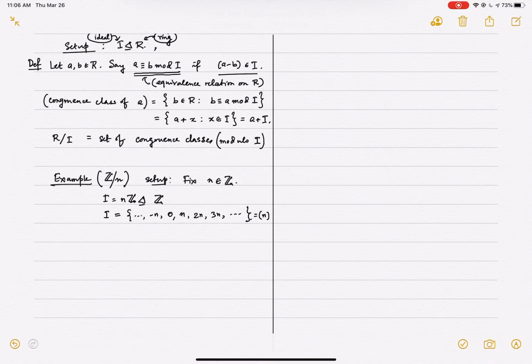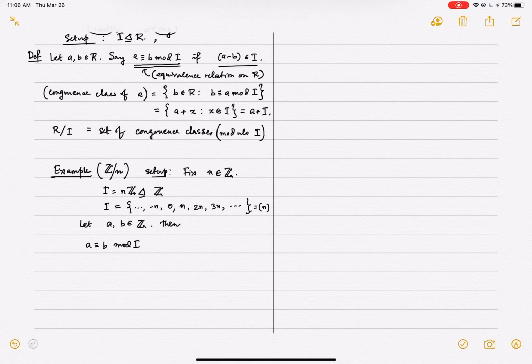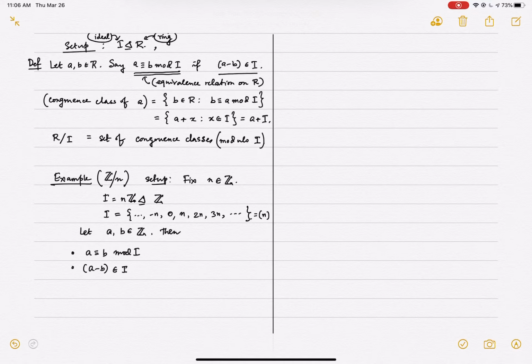Let's take A and B in Z. Then saying A is congruent to B mod I means that the difference is in I. So let's say then the following are equivalent.